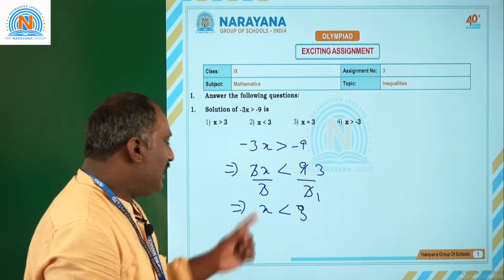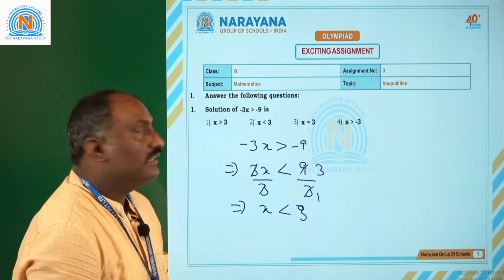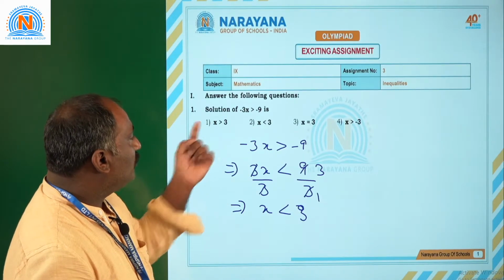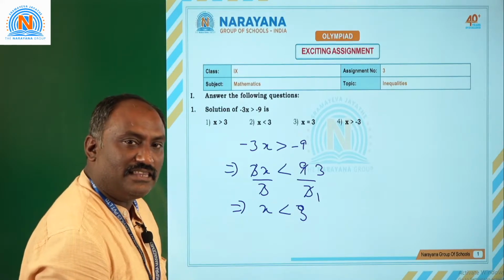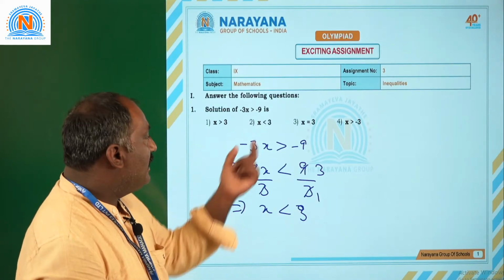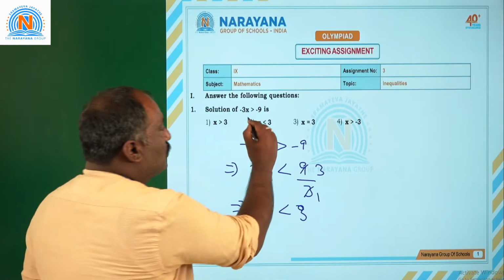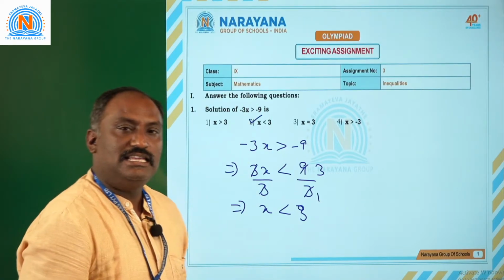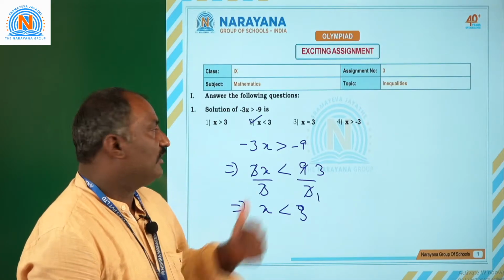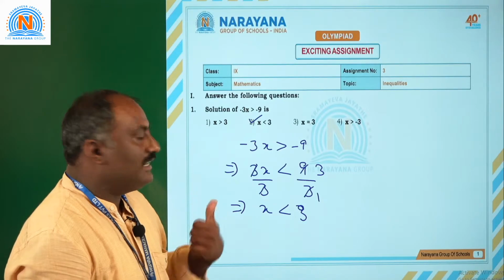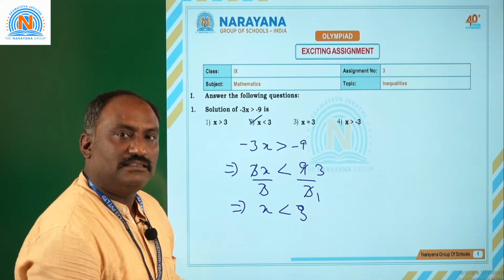You can observe very clearly the first option is x is greater than 3, that is not our answer, and the second option is x is less than 3, so the second option is correct. Solution of minus 3x greater than minus 9 is x is less than 3.